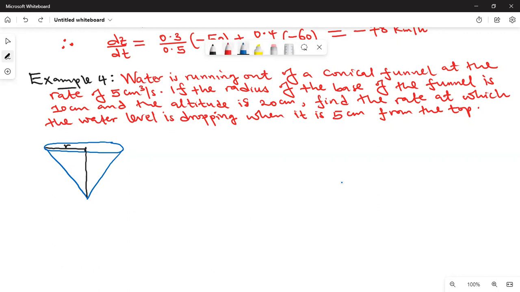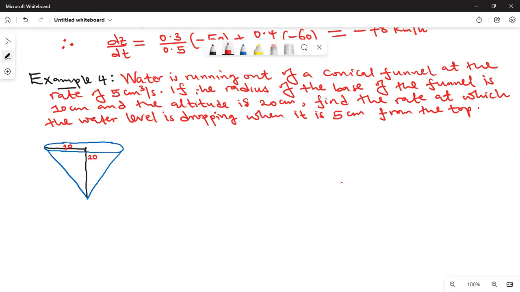Let me use another color. This is 20 initially, and the radius initially is, instead of r, we can use 10. Initially, the radius is 10. So this is a circle. Then here we have 10. The height initially is 20.